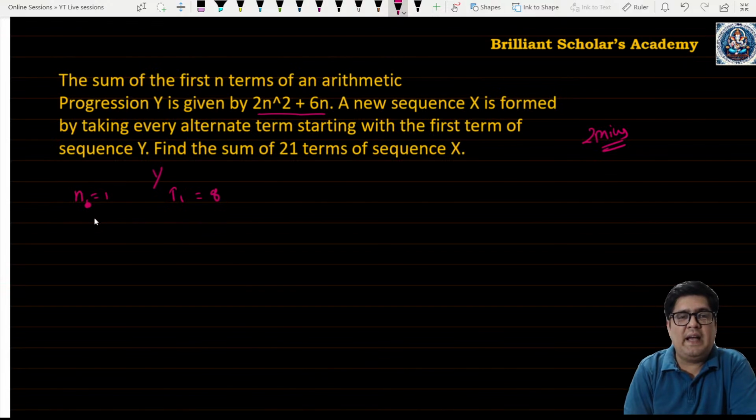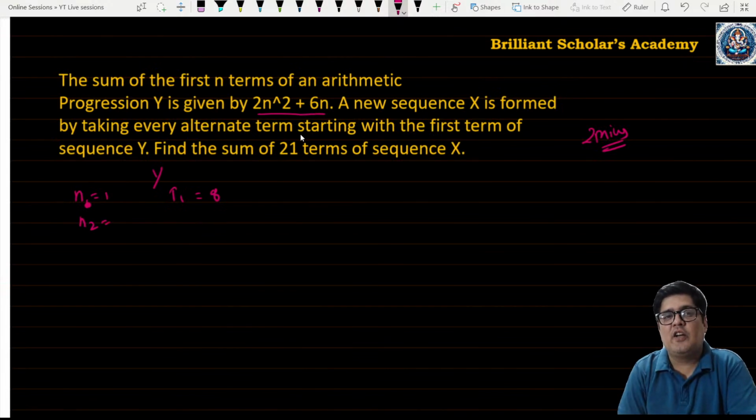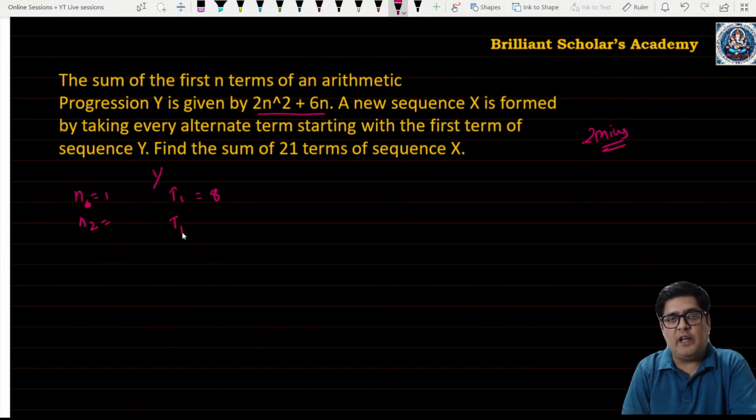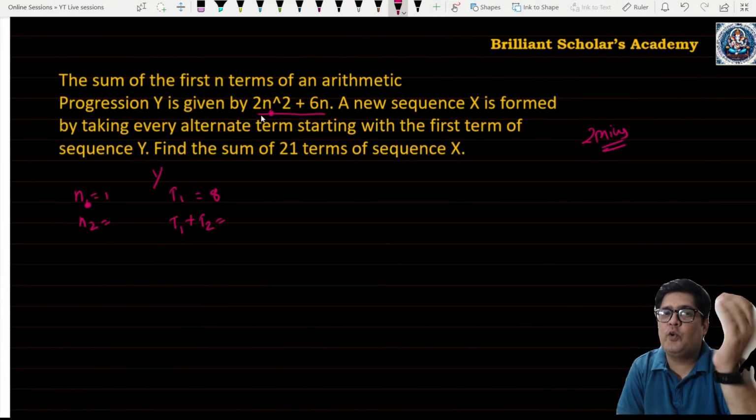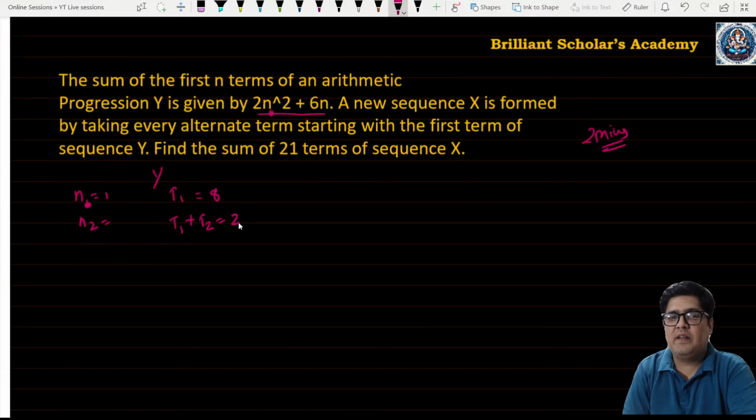Now when you put n is equal to 2, it is the addition of 2 terms, so I will get the value of t1 plus t2. When I put 2 here, mental maths: 2 square 4, 4 into 2 is 8, 2 here 12, 8 plus 12 is 20.